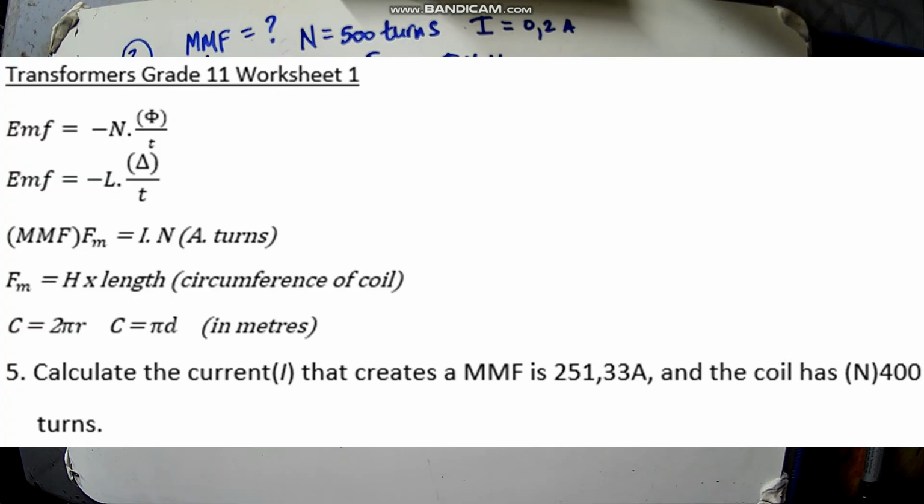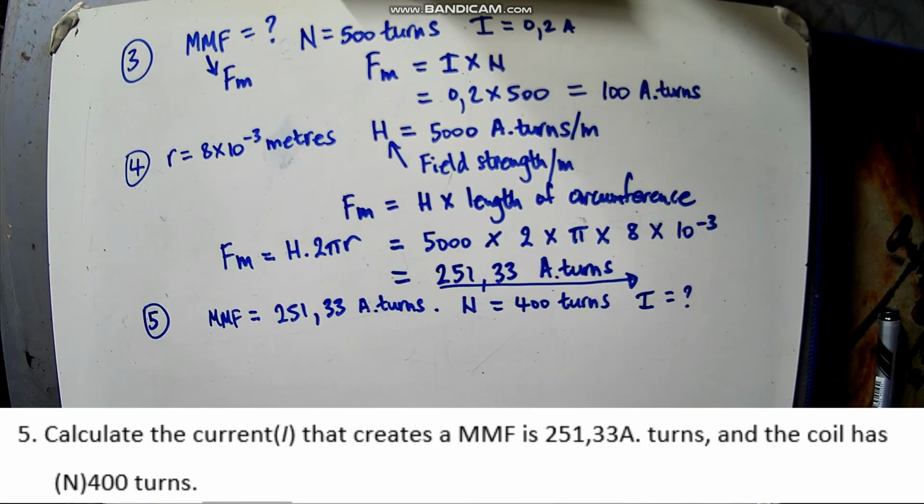In the next question, it says calculate the current that creates 251.33 amp turns, and the coil has 400 turns. So we know that Fm, the magnetomotive force, is equal to I times N, the current times the number of turns.